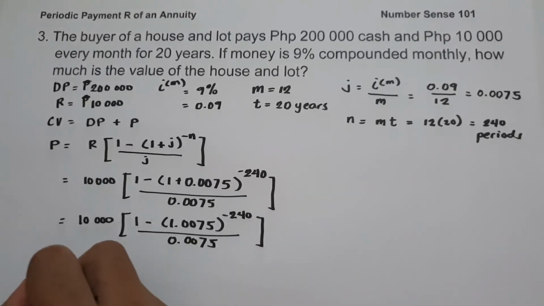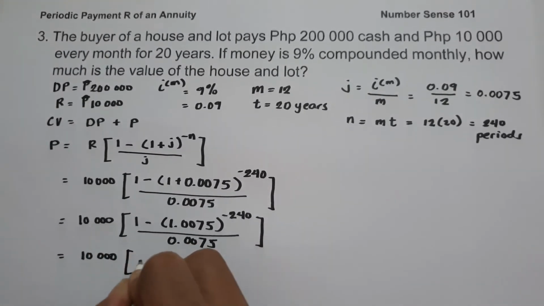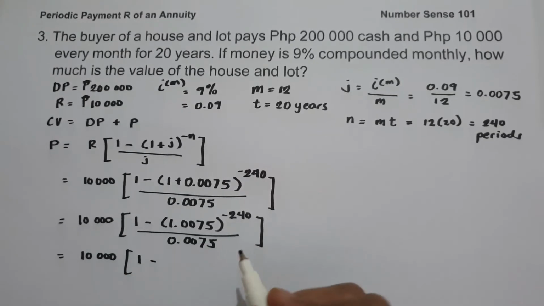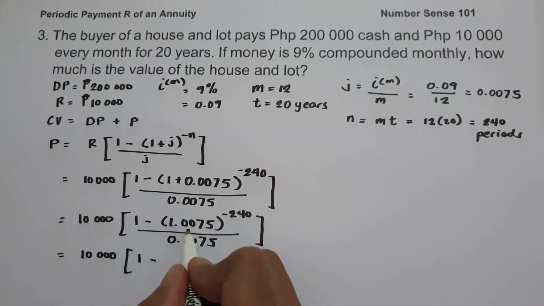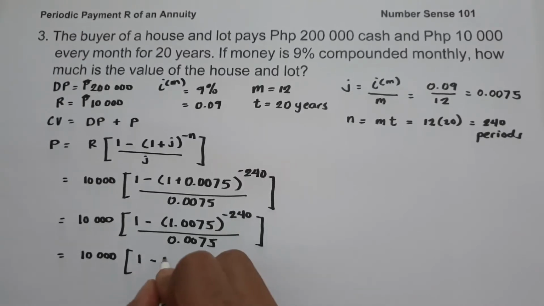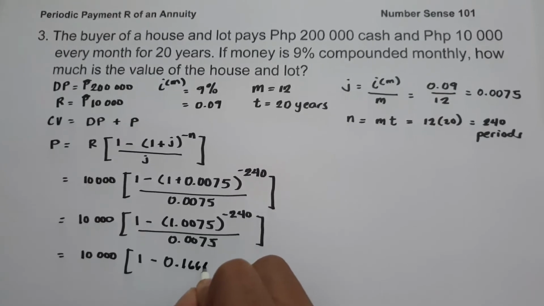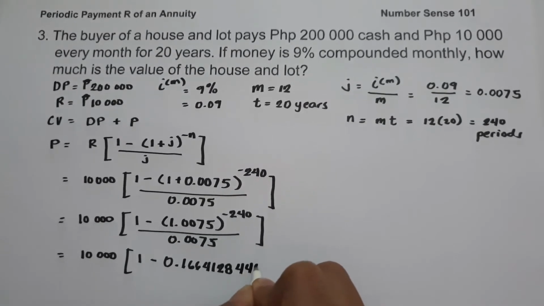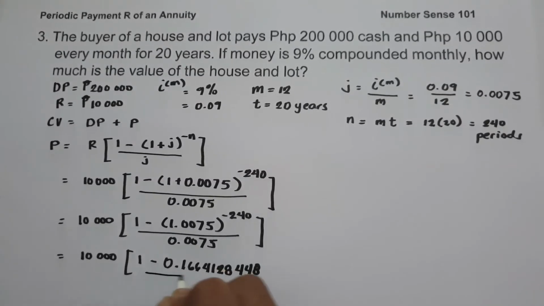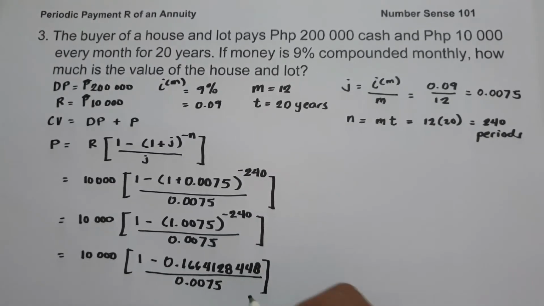And then, let us have 10,000 pesos times the quantity 1 minus 1.0075 raised to negative 240. It will give us 0.16641284448 all over 0.0075.